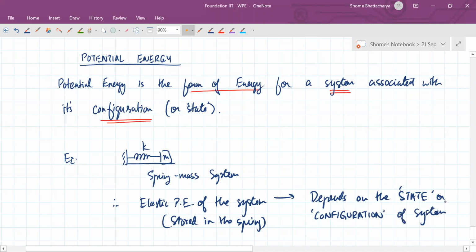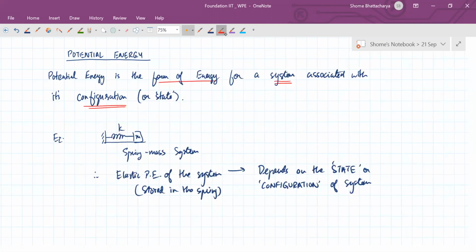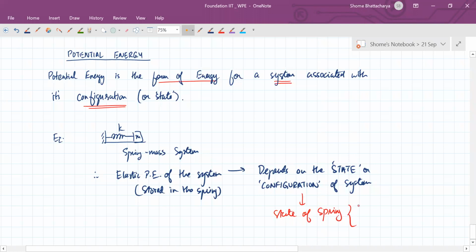So what do we mean exactly by configuration or state of the system? That is nothing but the state of the spring, that is whether it is compressed or extended. That is what we mean by the state of the spring.